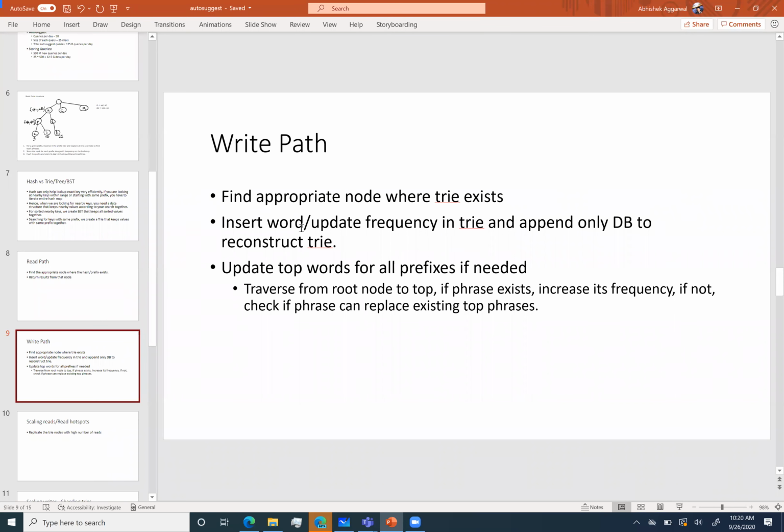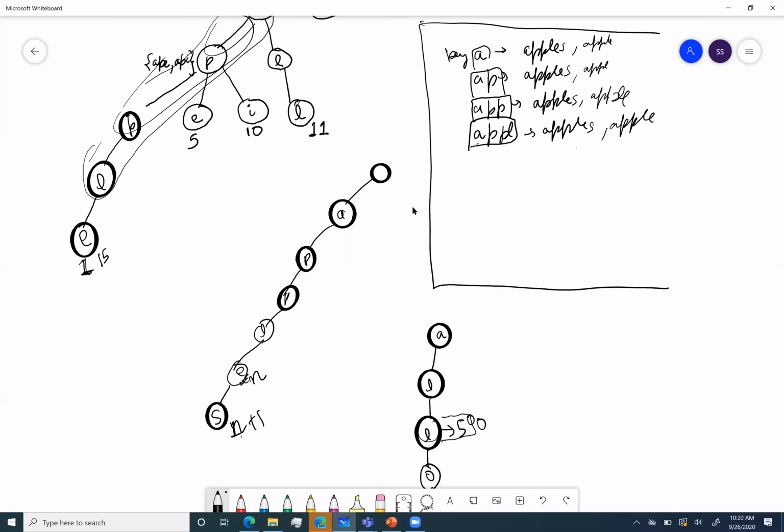Then you will update. Let's say the word was apple, right? So you will update the frequency of apple to n+1, right? And then you will go to all the parents and see for its parent if this apple existed or not. If it existed, then you will increase its frequency.